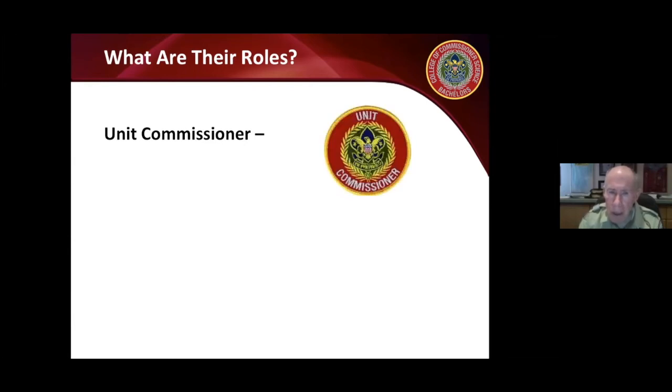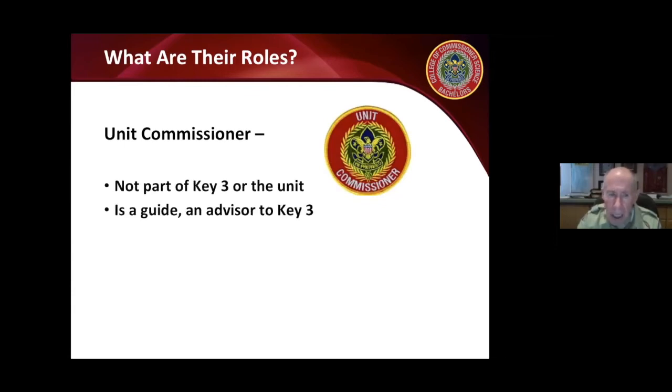The unit commissioner, this friend to all, helper to all, is not part of the Key 3 or the unit. However, they are an advisor or a guide to that Key 3.